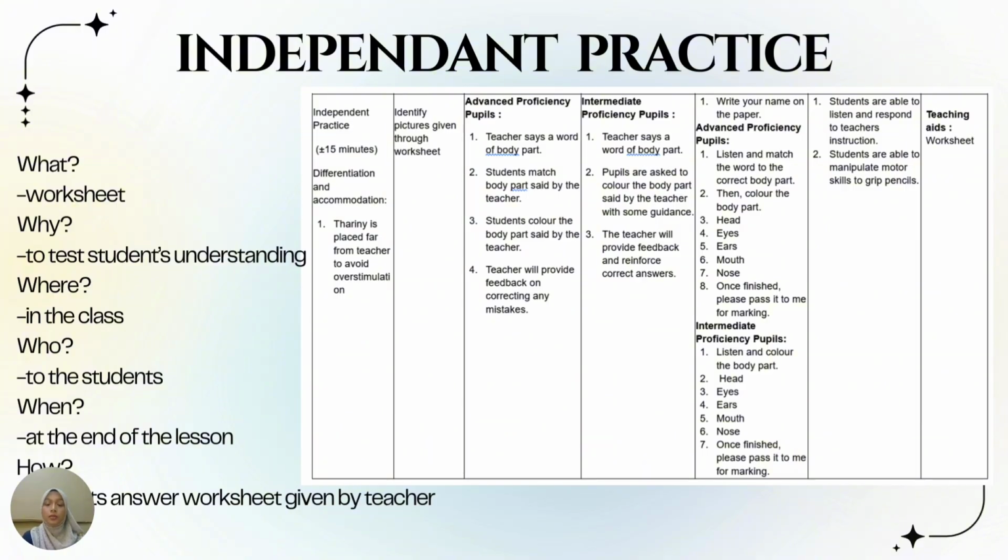So for the advanced proficiency pupils, their worksheet is much harder than the intermediate proficiency pupils because their worksheet entails them to match the body part and then color the body part that the teacher said.